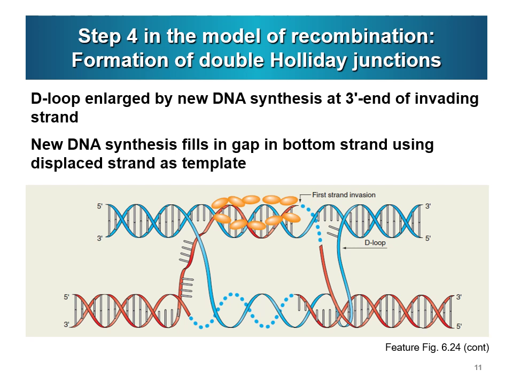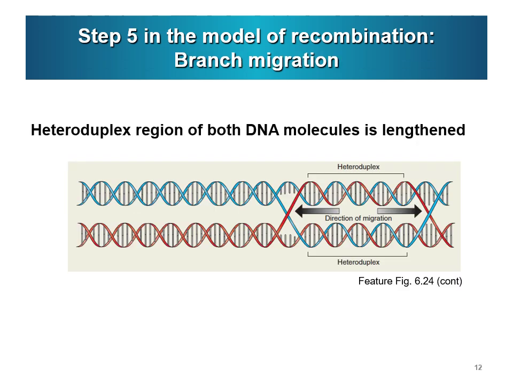Step 4 is called formation of double Holliday junctions, where the D-loop is enlarged by new DNA synthesis at the 3' end of the invading strand, and new DNA synthesis fills the gap in the bottom strand using the displaced strand as a template. Step 5 is called branch migration, where the heteroduplex region of both DNA molecules is lengthened.